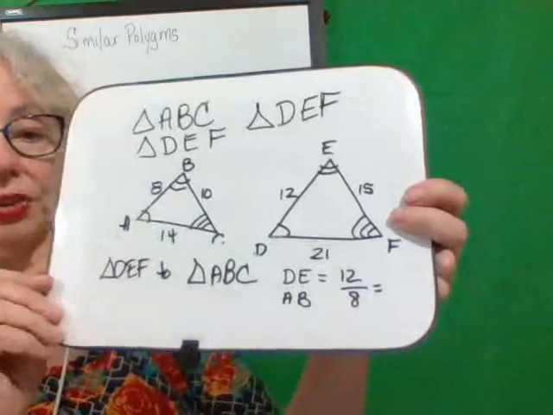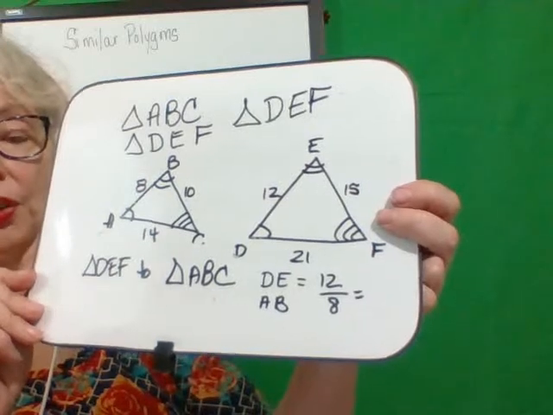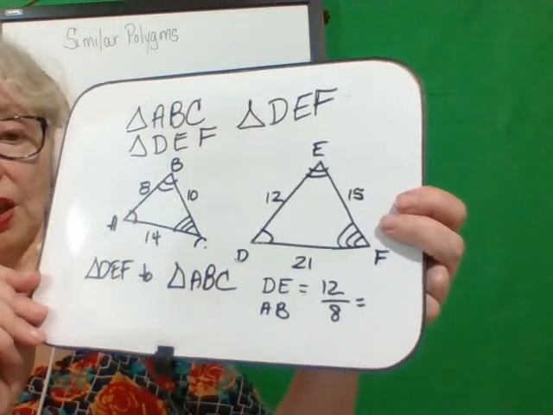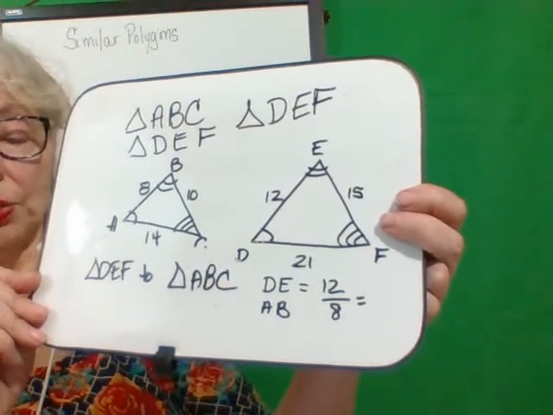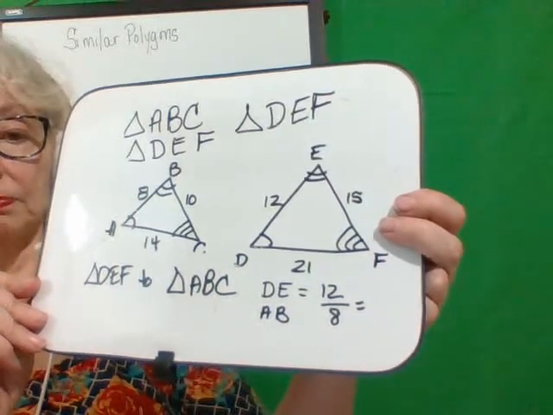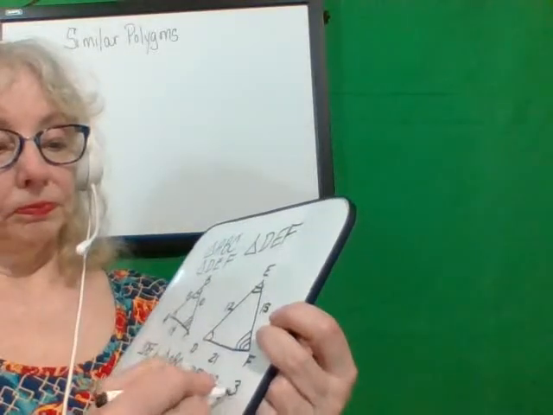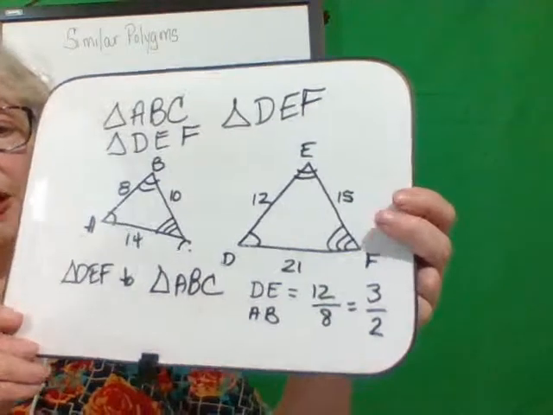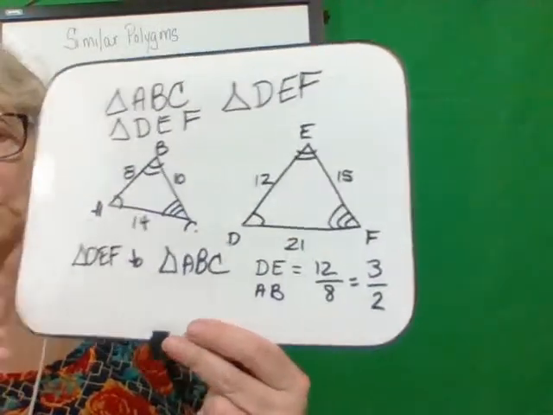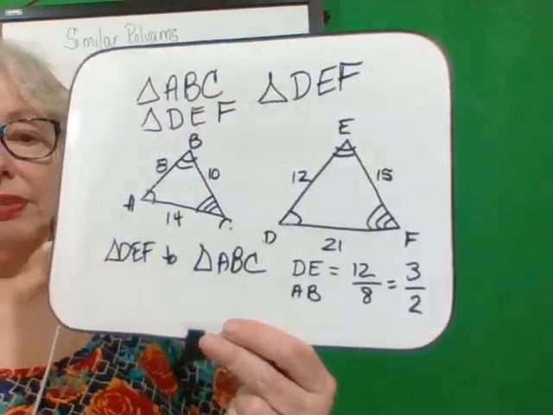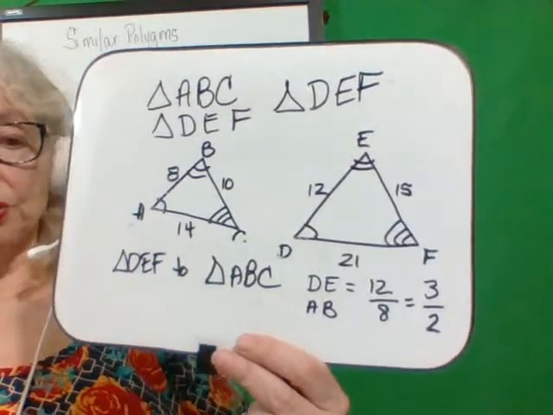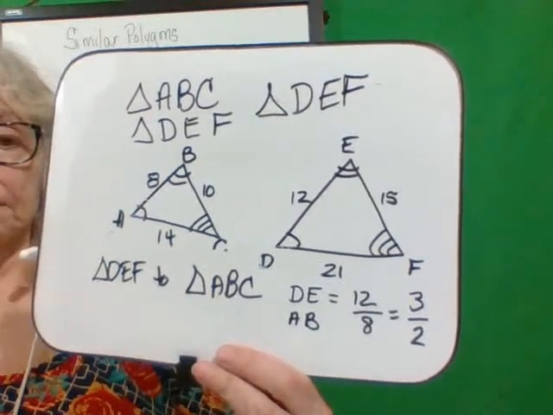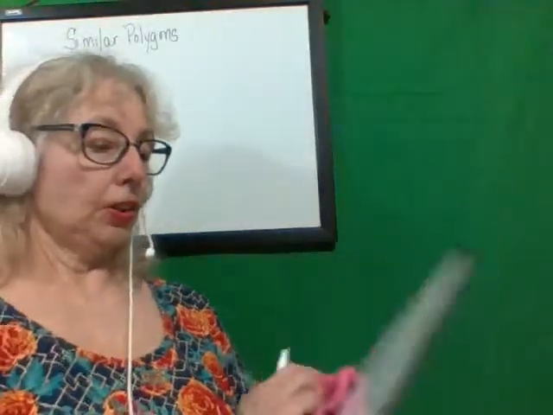So now our scale factor is 12 over 8, simplified, gives us 3 over 2. So that scale factor is 3 over 2. As a decimal or a mixed number, it'd be 1.5. So our large triangle is 1.5 times as large as our small triangle. So that's how we write that.